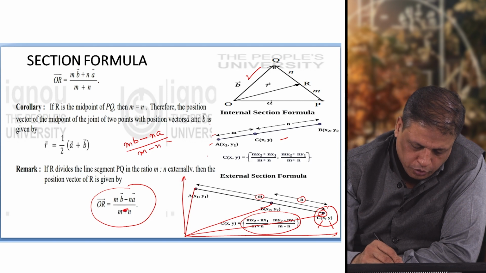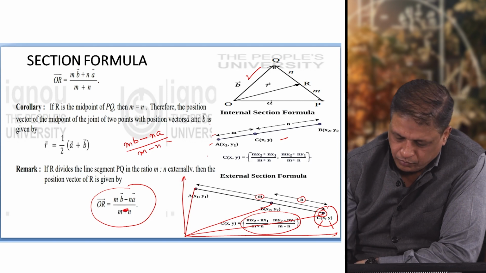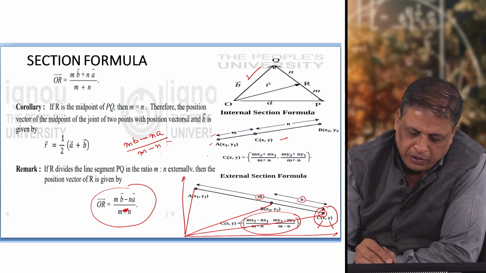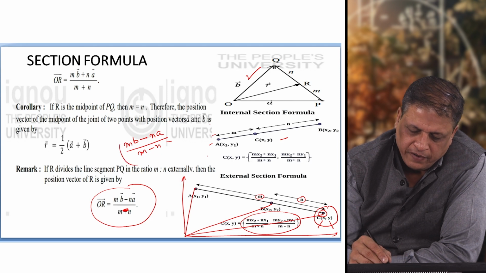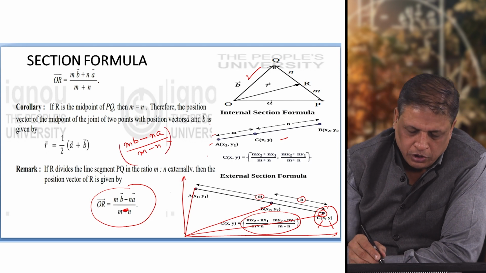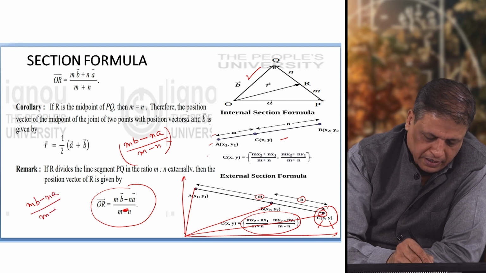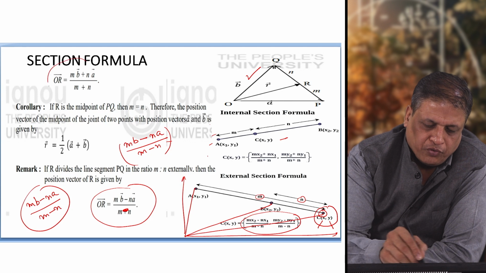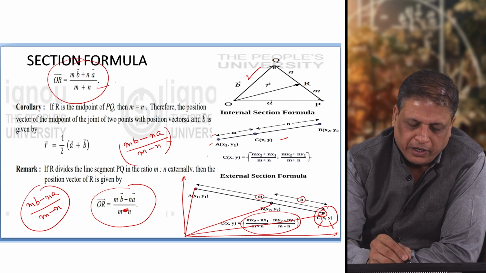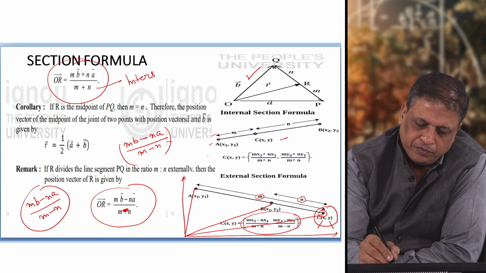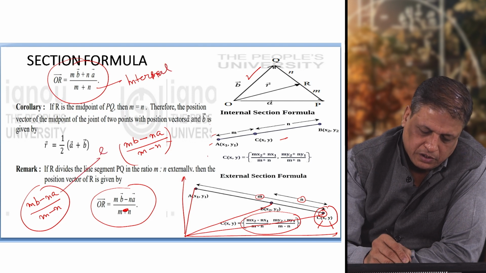This gives you the external section formula. And in the internal formula it is m times B plus n times A upon m plus n; this is for internal section, and this is for the external.